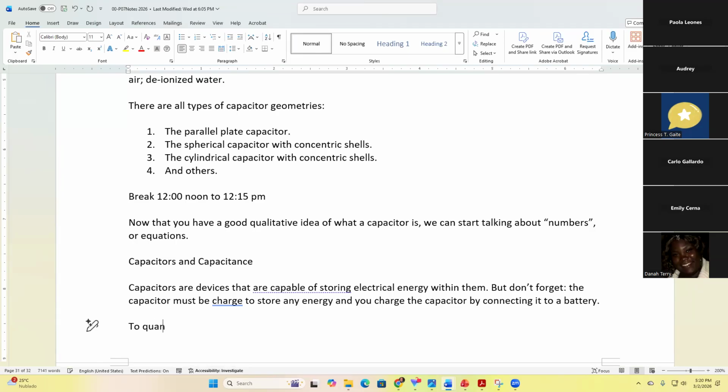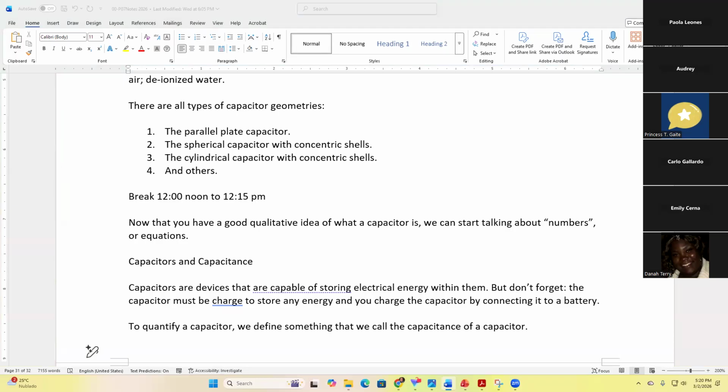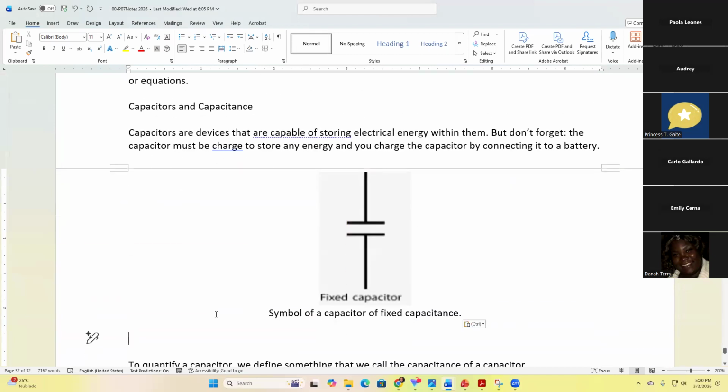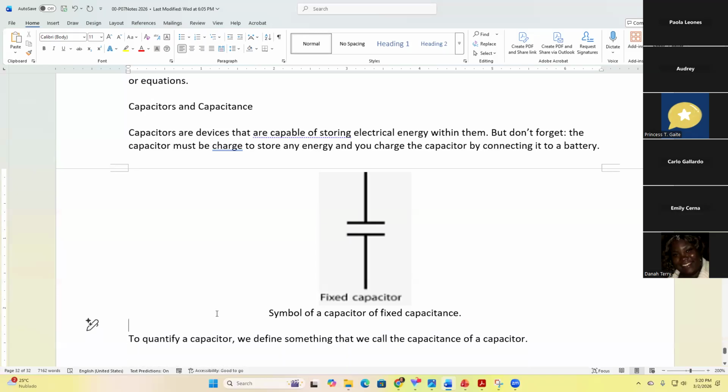To quantify a capacitor, we define something that we call the capacitance of a capacitor. Let me show you something else too. Whenever we are talking about electrical circuits, we use this symbol to represent a capacitor of fixed capacitance value.